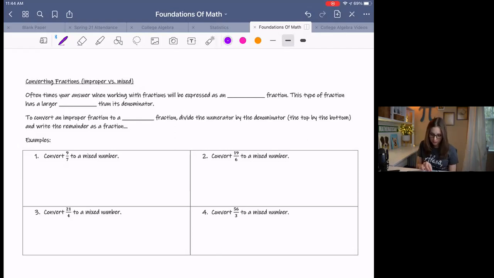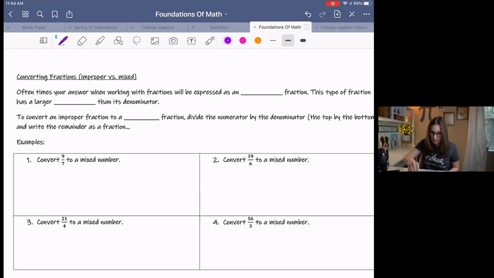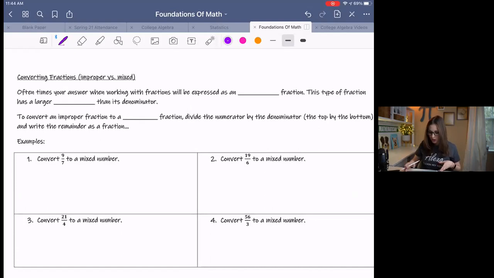So sometimes your answer will be expressed as an improper fraction. And an improper fraction is larger in the numerator than the denominator.